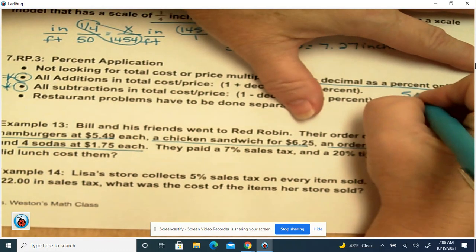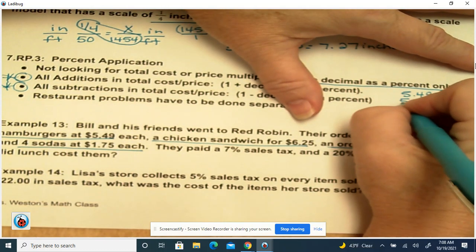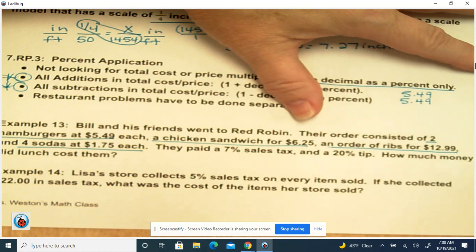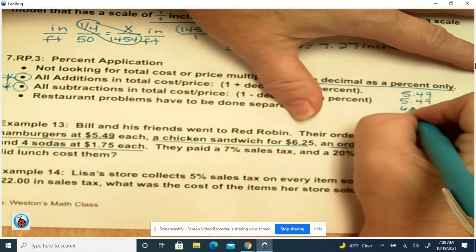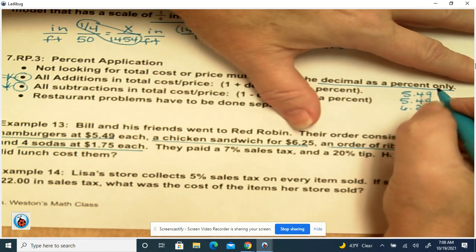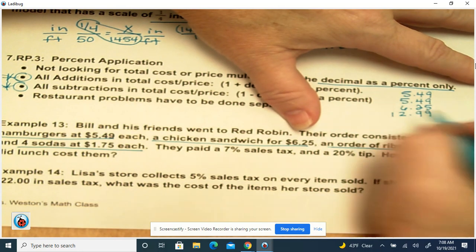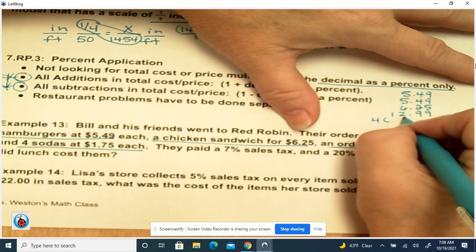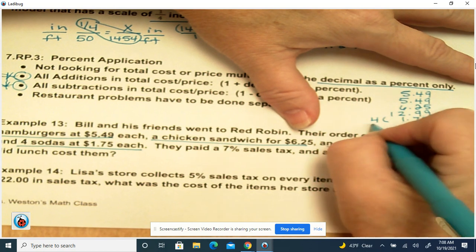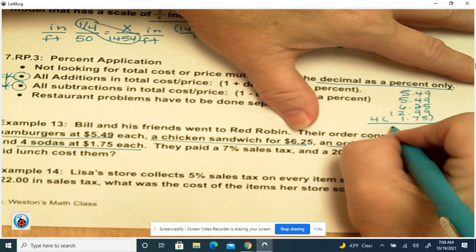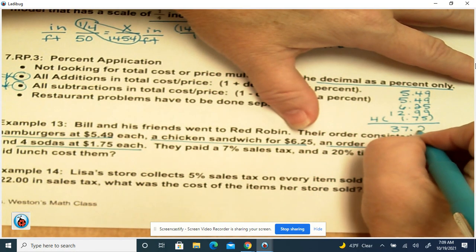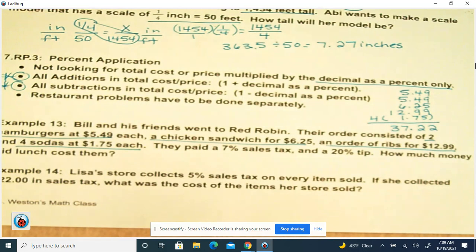So we've got 5.49, 5.49, 6.25, 12.99, and then 4 times $1.75, and when you add all of that up, you get 37.22.